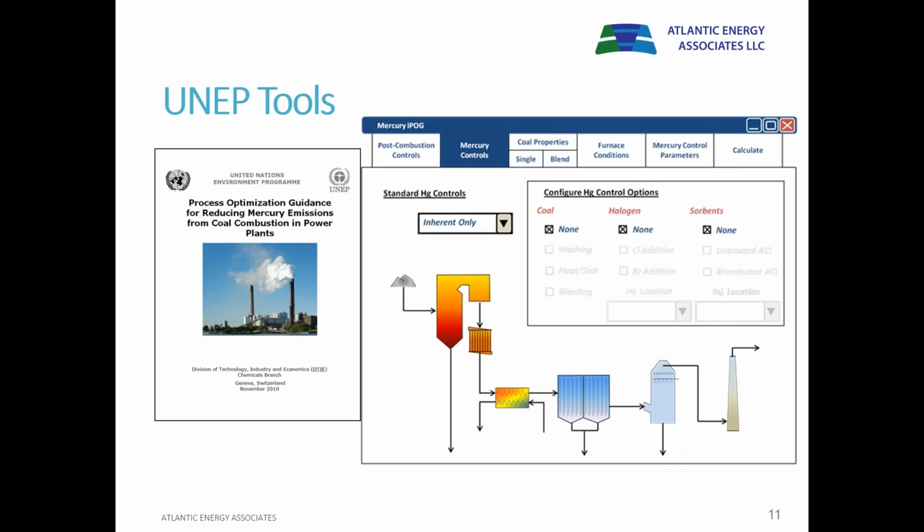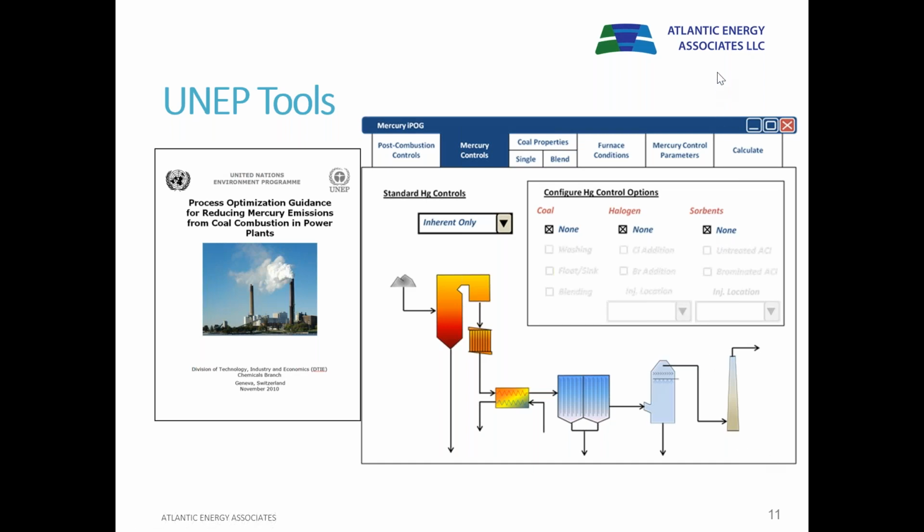Thank you. This is the presentation of the UNEP tools. Both tools are on the Coal Partnership website. The first one is an about 100-page process optimization guidance document, POG, that was published in 2010, early in the days of Minamata Convention negotiations, when the UN realized that a set of information needed to be shared by negotiating parties, and they commissioned this report.